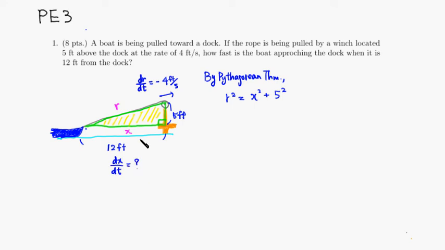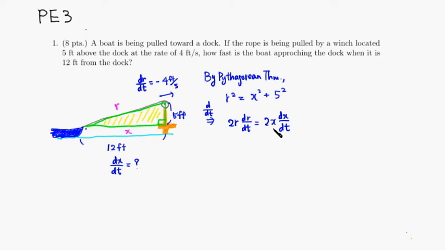What we can do is take the derivative with respect to t first. We'll get 2r dr over dt equals 2x dx over dt, and the derivative of the constant is 0, so I'm not going to write that down.